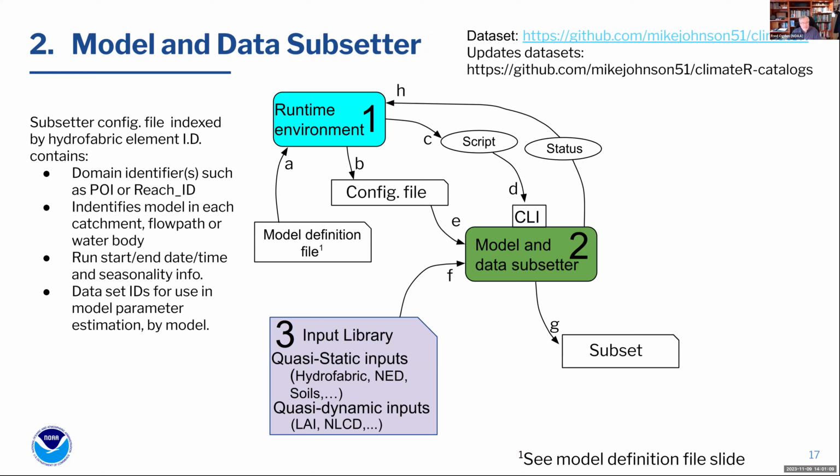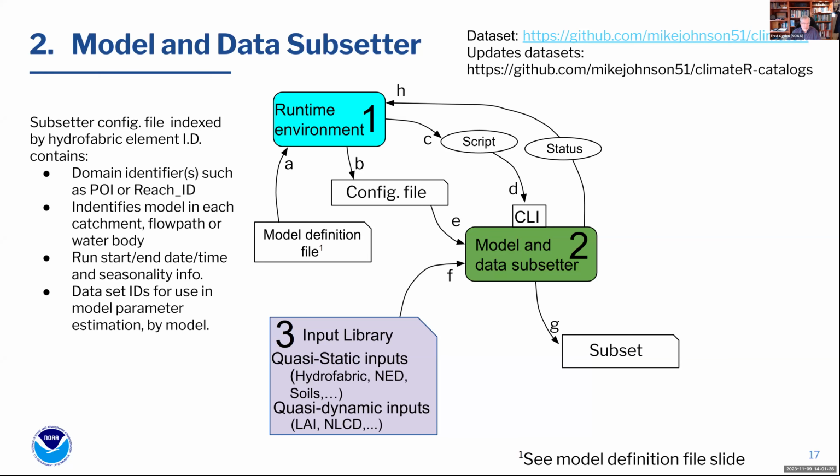It needs a config file that would be indexed by hydrofabric element ID. It would contain things like domain identifiers, such as a point of interest or a reach ID, identifies models to run in each catchment, flow path, or water body, a run start, end, date, time, and seasonality information, because some of the input in the input library is seasonal input.